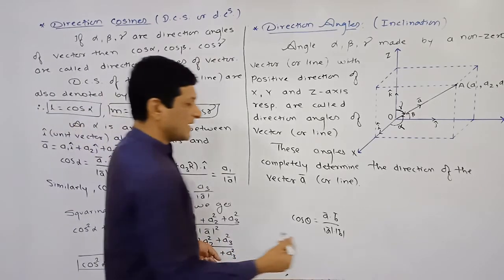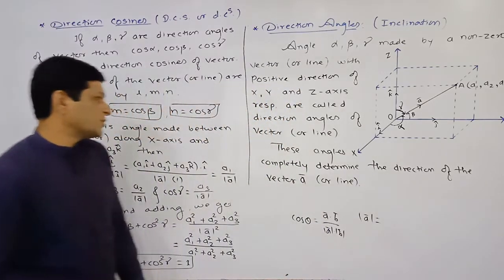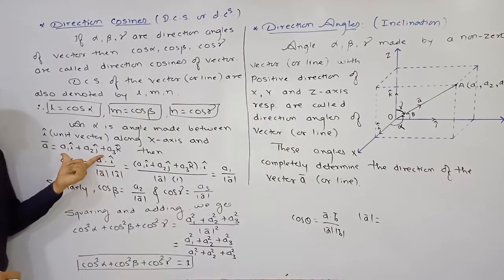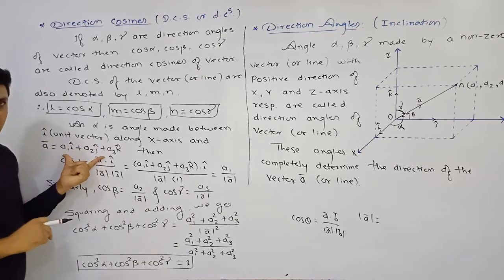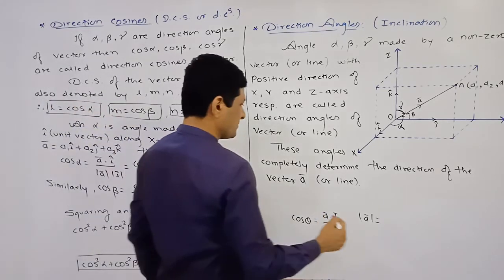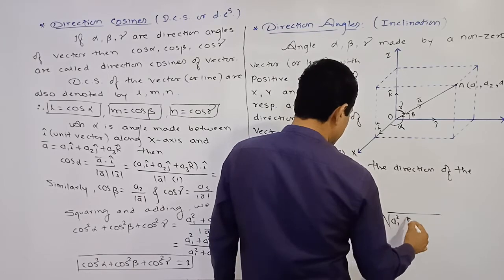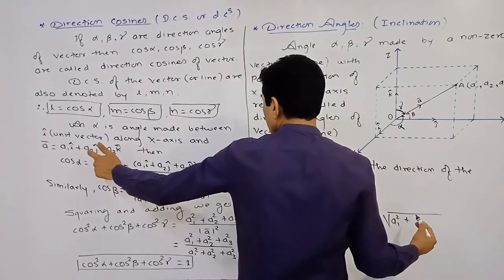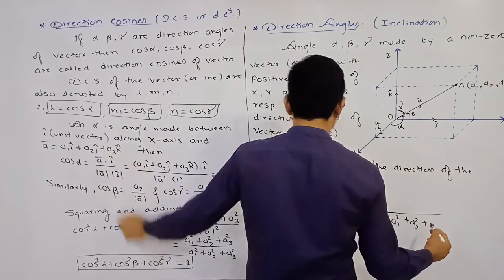Now the magnitude of a bar. What is the value of a bar in terms of i cap, j cap, k cap? This is the value of a bar. And we know that if a vector is expressed in Cartesian form, its magnitude can be found as the square root of a1 square, since the coefficient of i cap is a1, plus a2 square, since the coefficient of j cap is a2, and lastly a3 square, since the coefficient of k cap is a3.